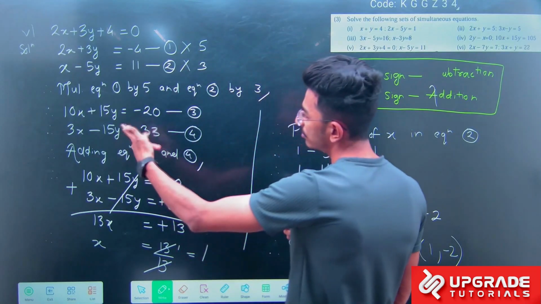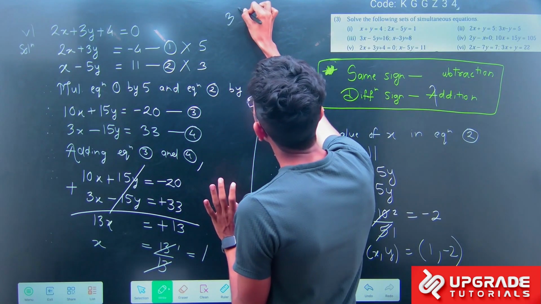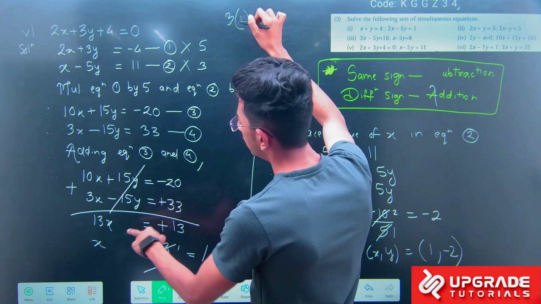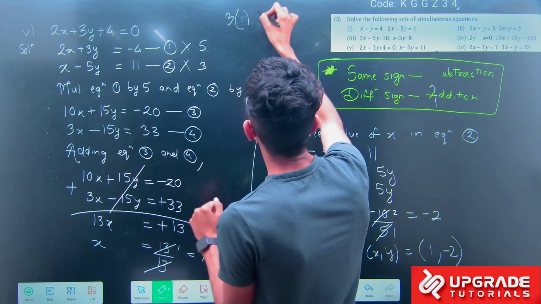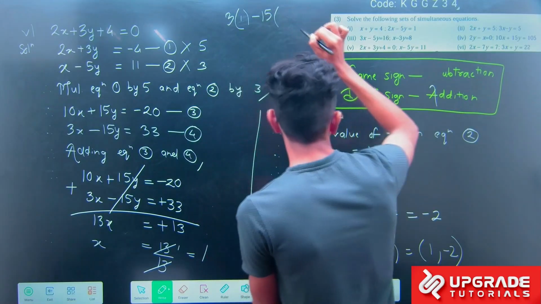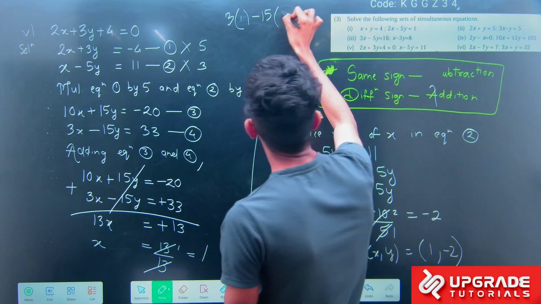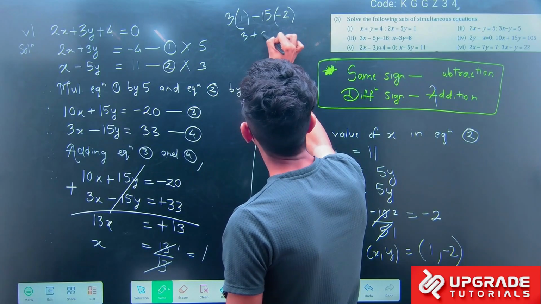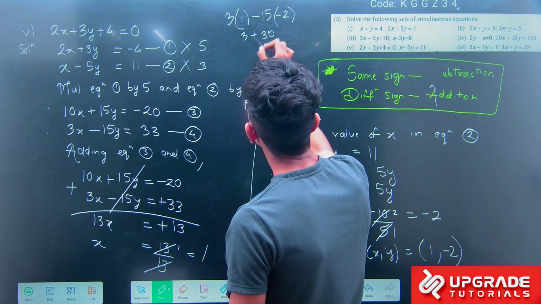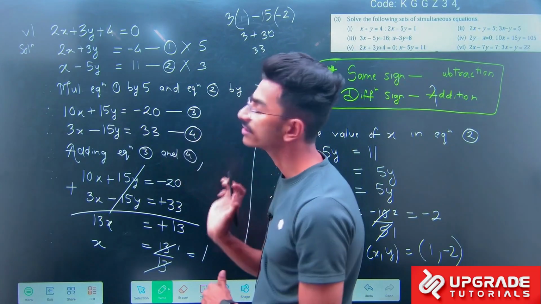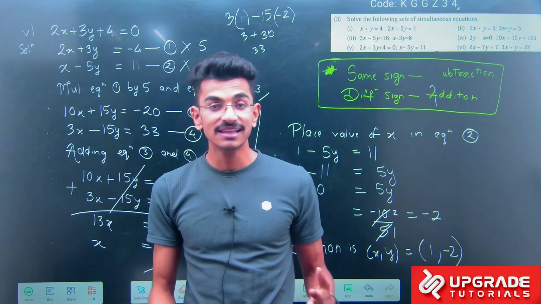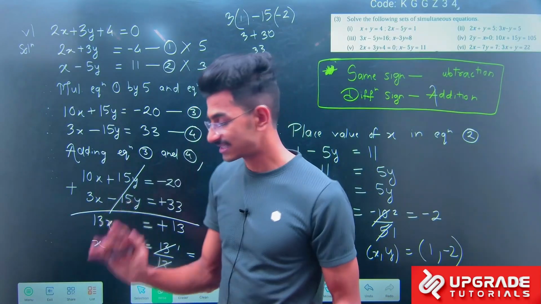I'll put it in equation number 4. 3 into what is the value of x? 1, minus 15 into what is the value of y? Minus 2. 3 into 1 is 3, minus minus becomes plus. 15 twos are 30. 30 plus 3 is 33. I got the value 33. Right? If the RHS matches, then our solution is correct.